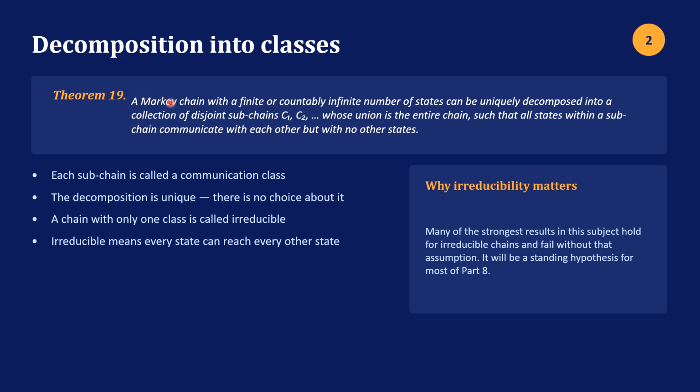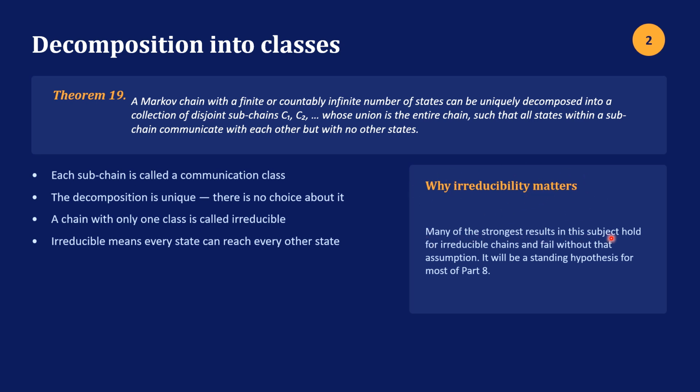So this is just some bullet points related to this statement. Each subchain is called a communication class. The decomposition is unique. A chain with only one class is called irreducible. Irreducible means every state can reach every other state. So why does irreducibility matter?